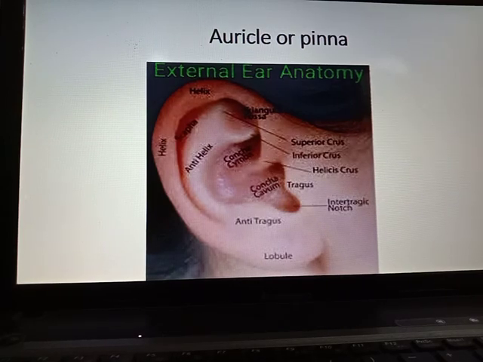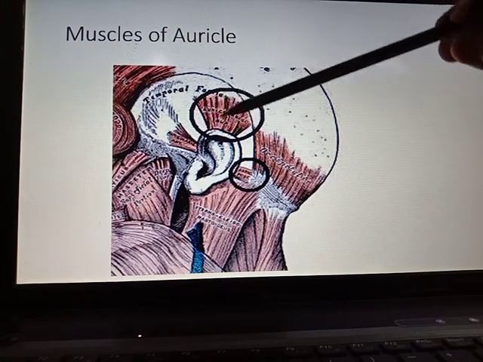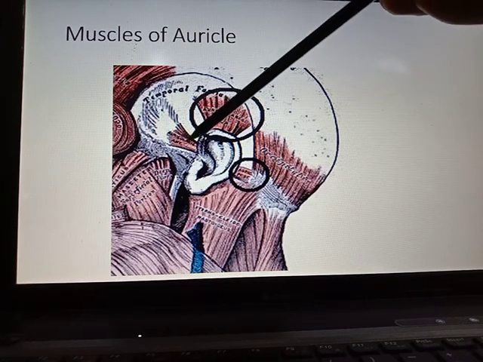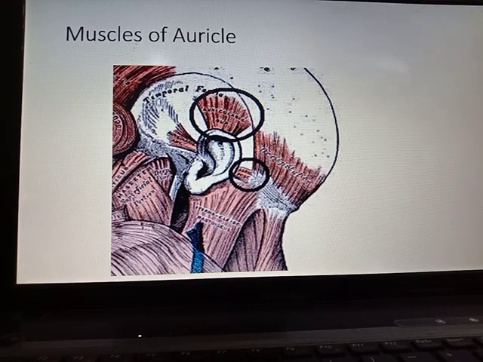Then come to the muscles. If you go to the slide of the muscles, these are muscles 1, 2 and 3, the extrinsic muscles of the auricle. There are the auricularis anterior, auricularis superior and auricularis posterior.